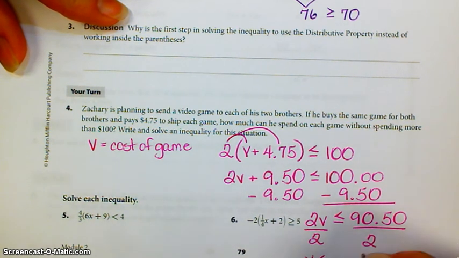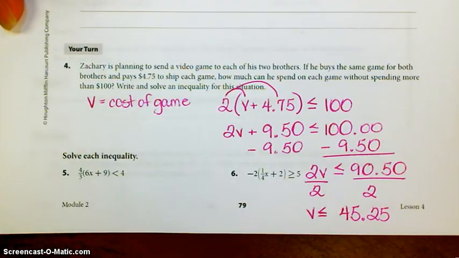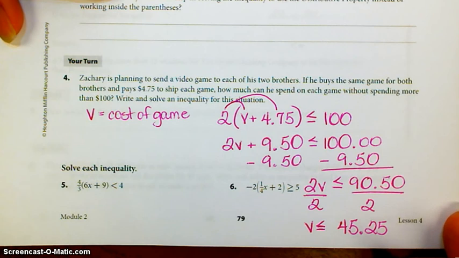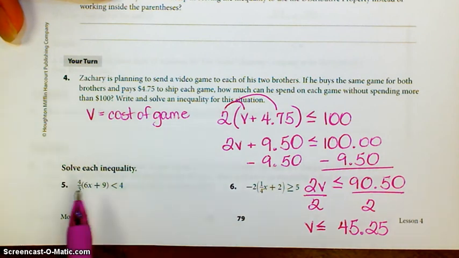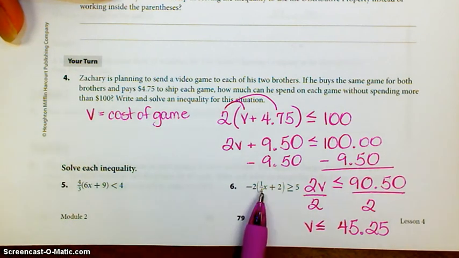The cost has got to be 90.5 divided by 2, which is $45.25. So Zach cannot spend any more than $45.25 on each game. Otherwise, he won't be able to buy them both and ship them both for less than $100.